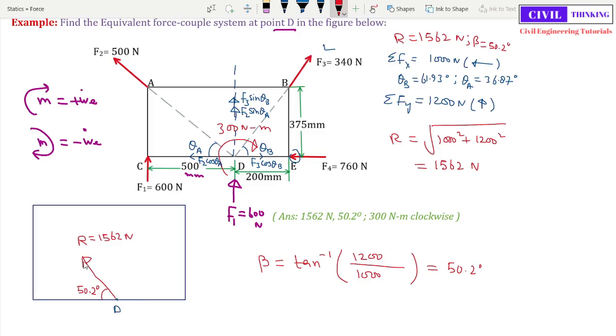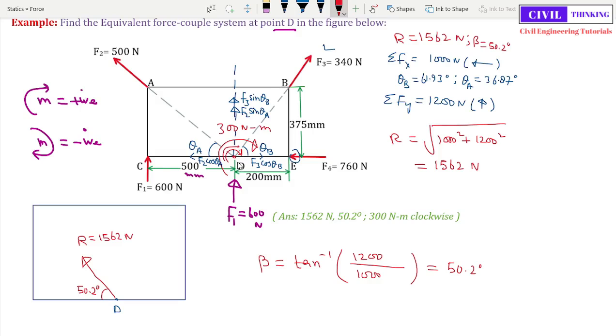Now we found the force, this is the single force which we wanted to find. Now let's find the moment. As you can see here, the only moment at point D is 300 Newton meter clockwise, right? There is no other moment. If there were multiple moments at point D, then we would sum up all of them.